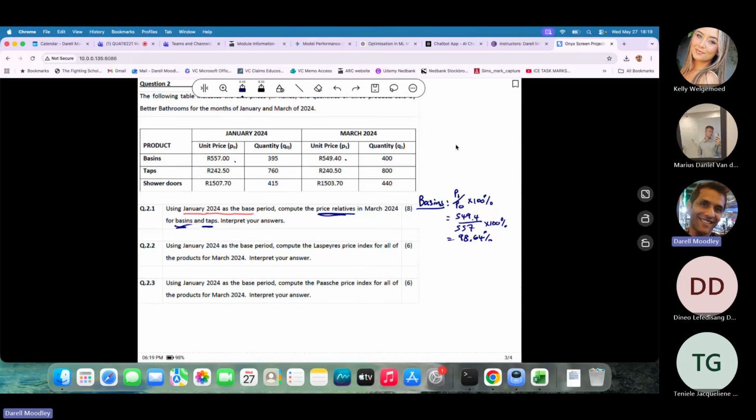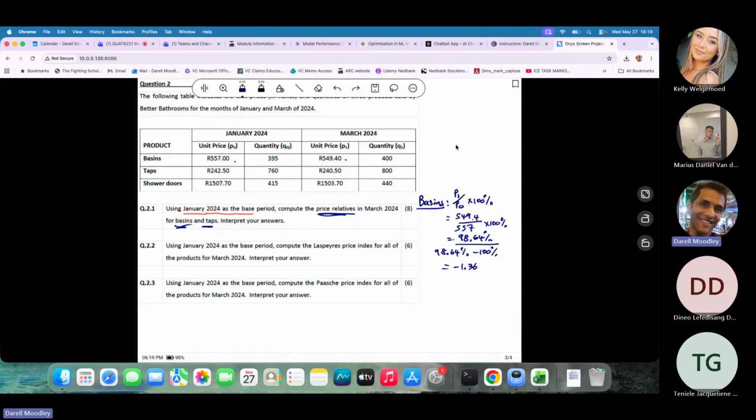So we got 98.64% for basins. Now that is less than 100%, so immediately we know it's a decrease. If it's less than 100%, it's a decrease. How much did it decrease by? All you need to do is subtract 100% from it. So 98.64% minus 100% gives you a value of negative 1.36%.